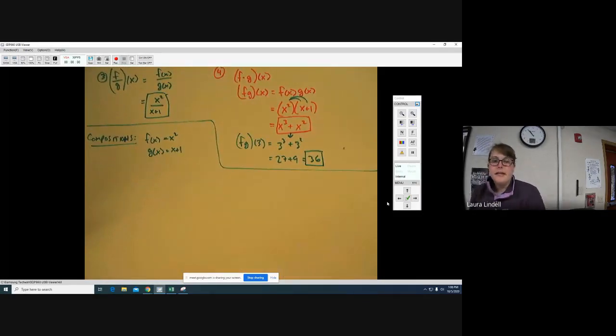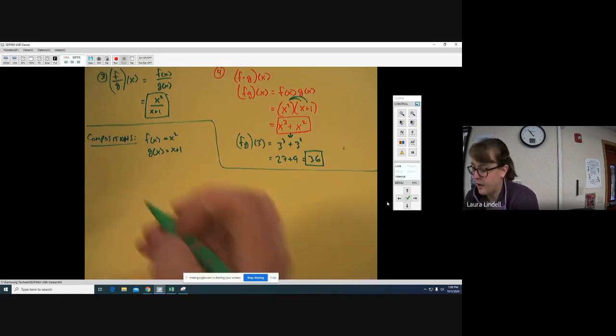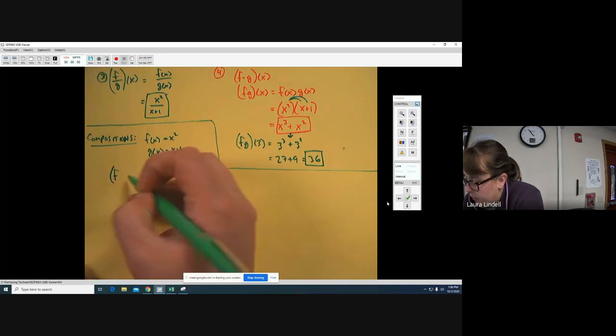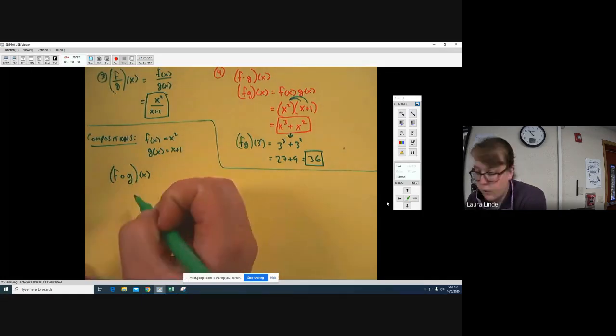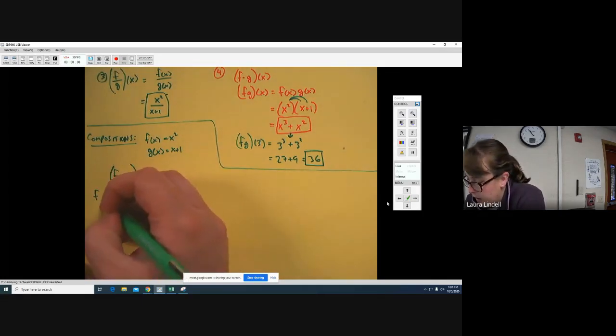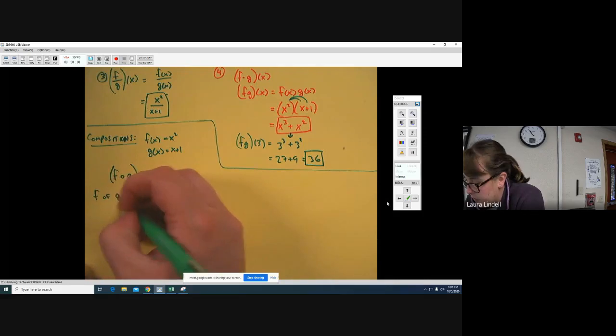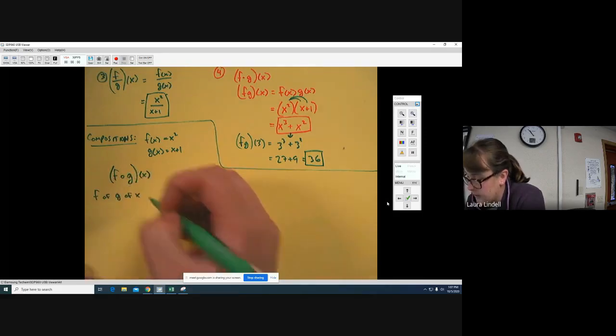So there's this notation when it comes to compositions where we have f and then an open multiplication dot g of x. And it looks like f circle g. And the way that we would say this with words is f of g of x.